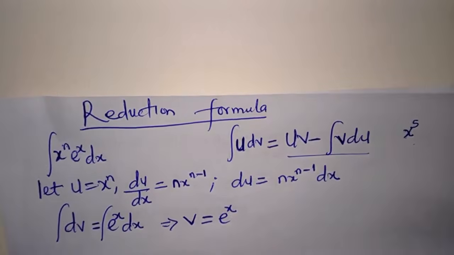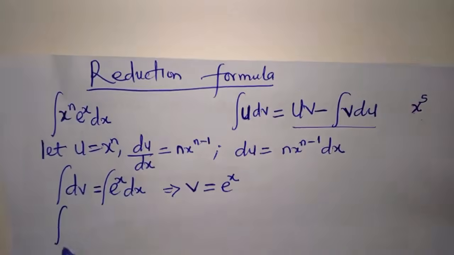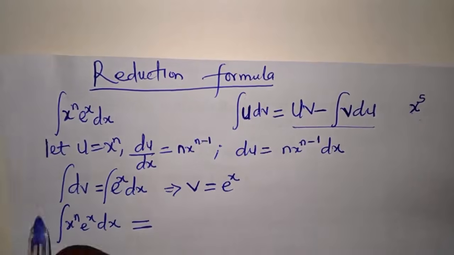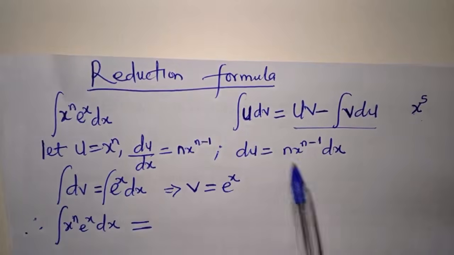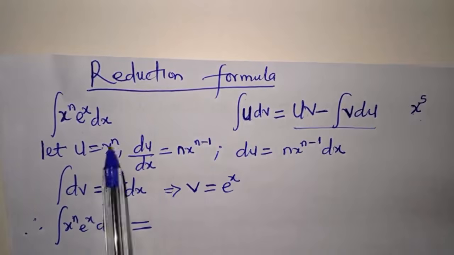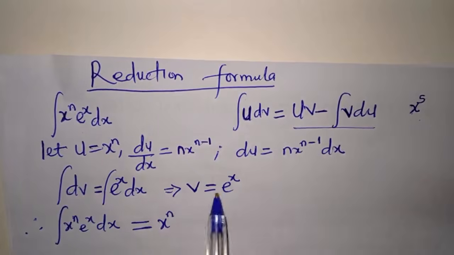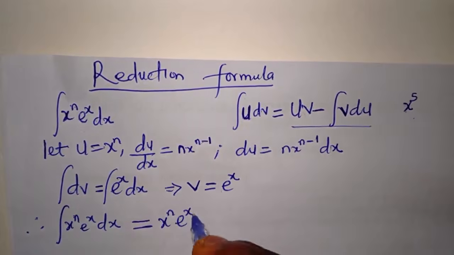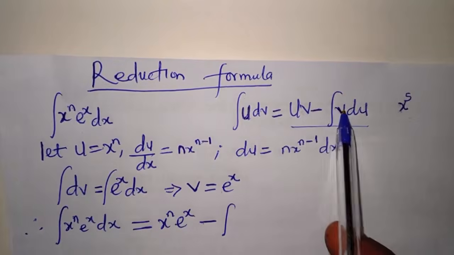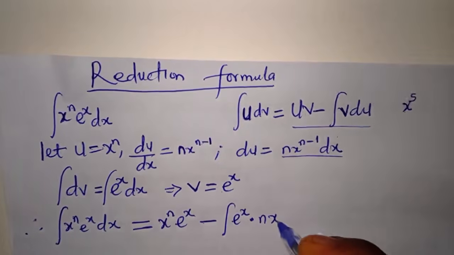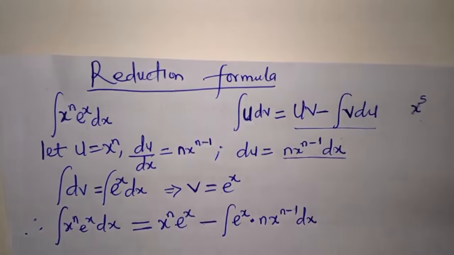So using this, the integral of x to the n e to the x dx is now equal to u, which is x to the n, times v, which is e to the power of x, minus the integral of v, which is e to the power of x, times du. What is du? du is n x to the n minus 1 dx.